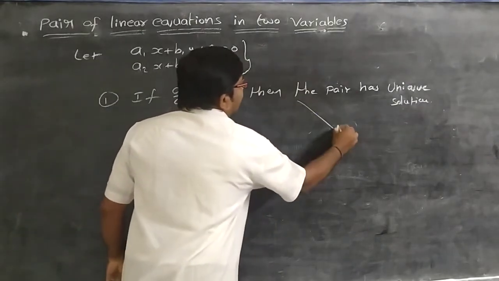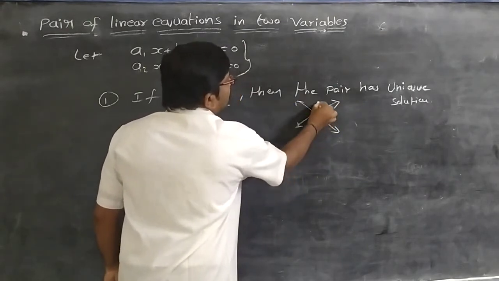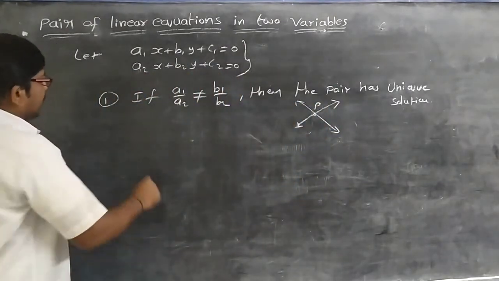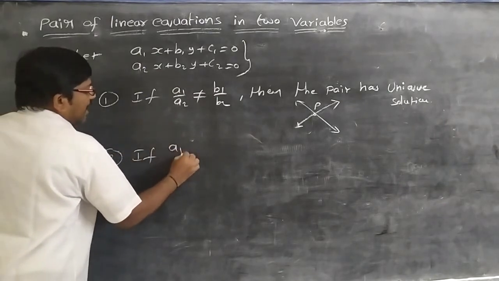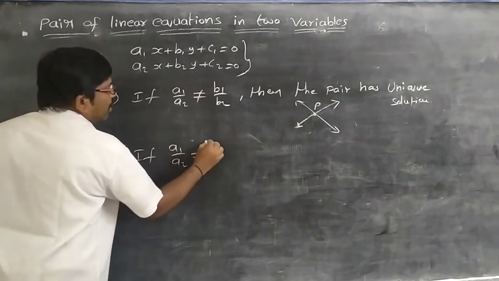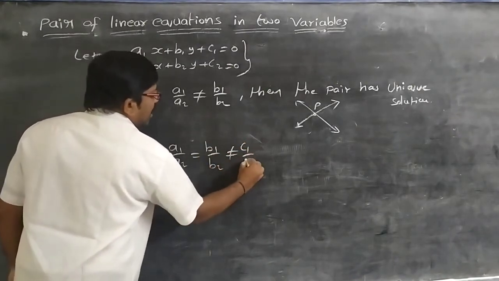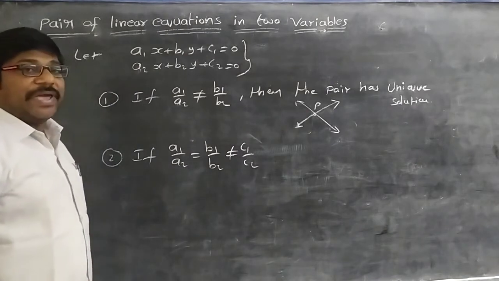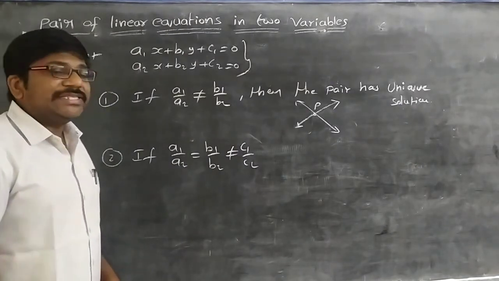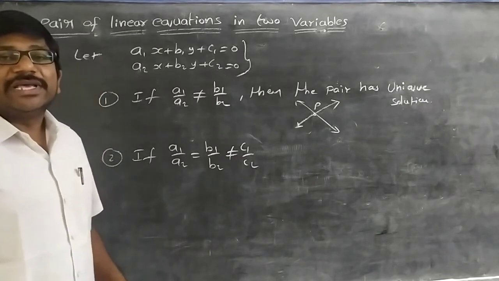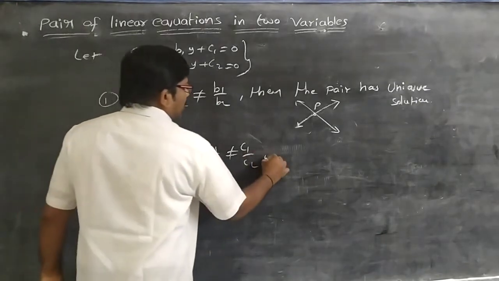The two lines like this, intersecting at one point. That is the first condition. The second condition is, if a1 by a2 is equal to b1 by b2 does not equal c1 by c2, then the pair is inconsistent, means the lines are parallel, means the pair has no solution.